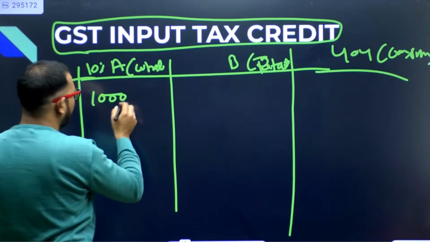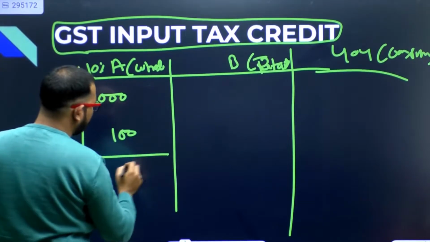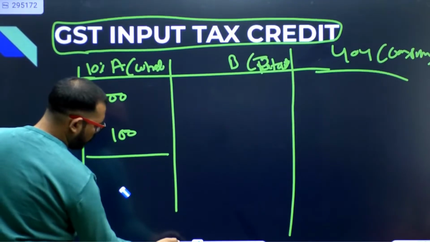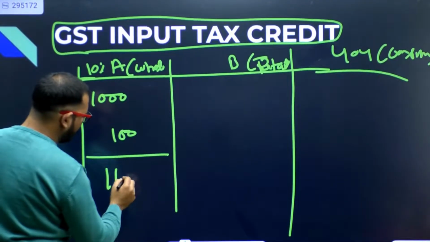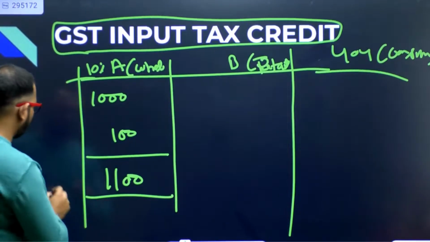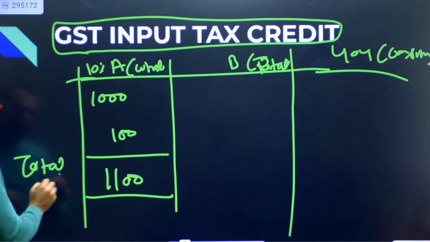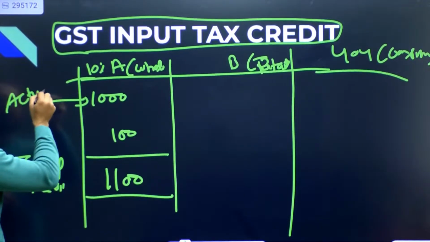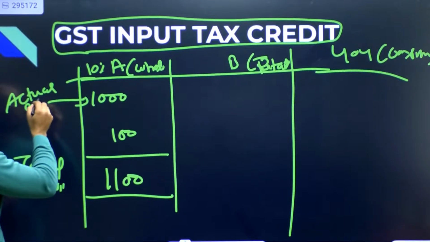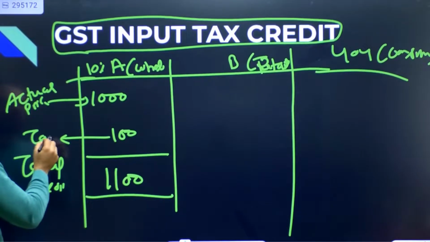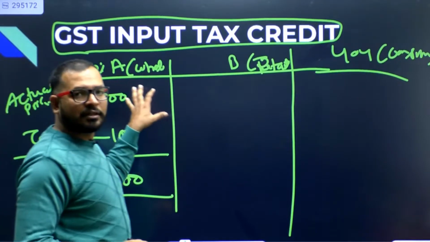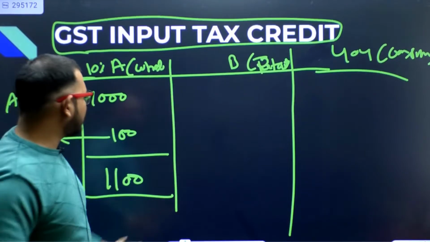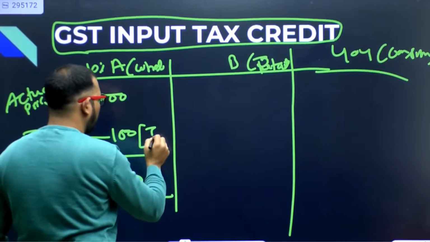So the total invoice will become 1,100 rupees. This is the actual price, and this is the tax. So this wholesaler A has paid the tax to the government.